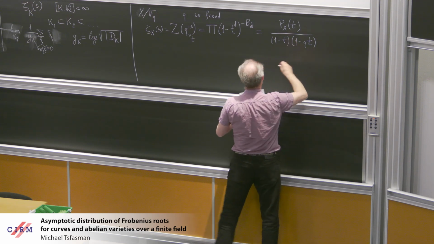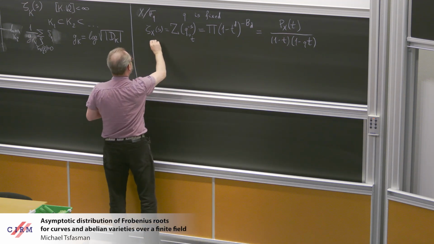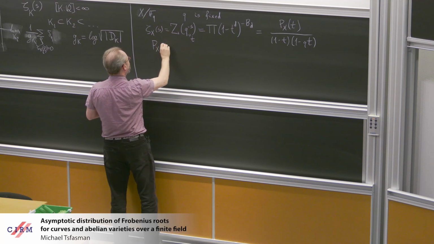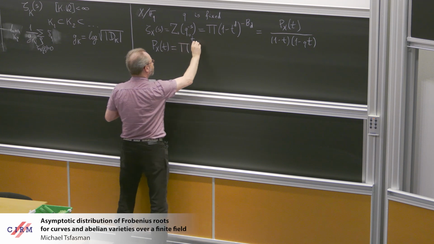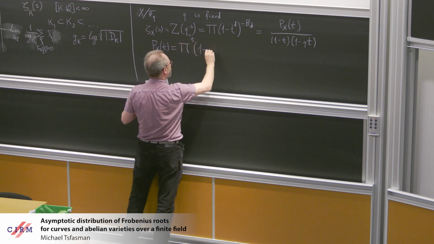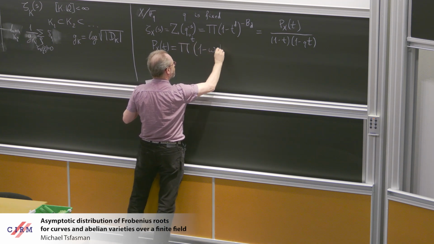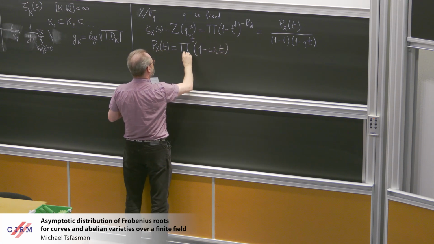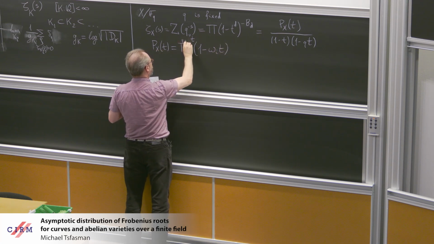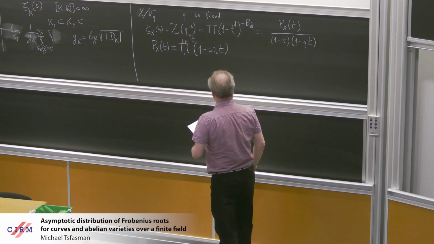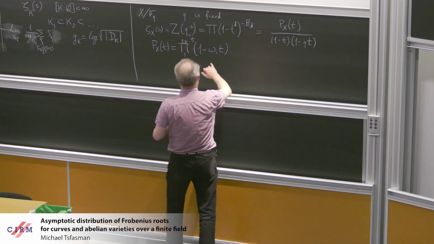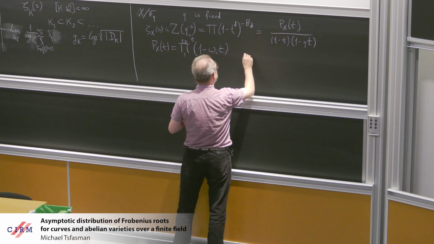This polynomial P_X(t) is the product of (1 minus omega_i t) for i from 1 to 2g, and these omega_i's are called Frobenius roots, and we know that they are pairwise conjugate.